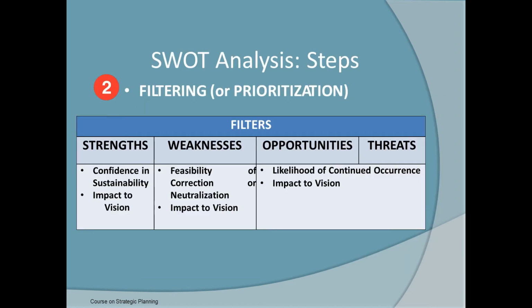So step 2, filtering or prioritization. As I have said, your resources are limited and cannot address all of the concerns of your organization. In this step, we filter the listed strengths, weaknesses, opportunities, and threats. First, on the strengths: confidence in sustainability.